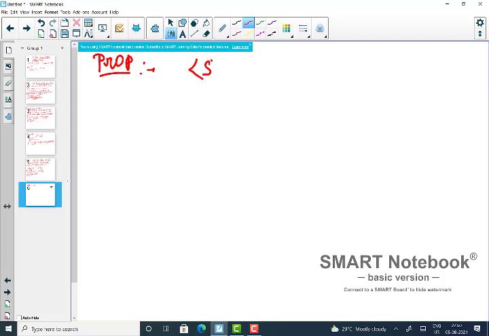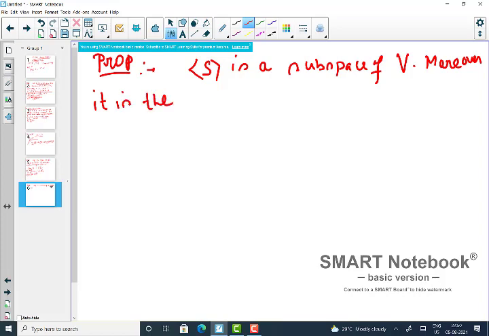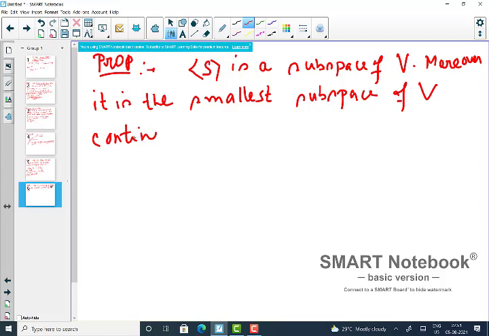The span of S is a subspace of V. Moreover, it is the smallest subspace of V containing S. What does that mean?